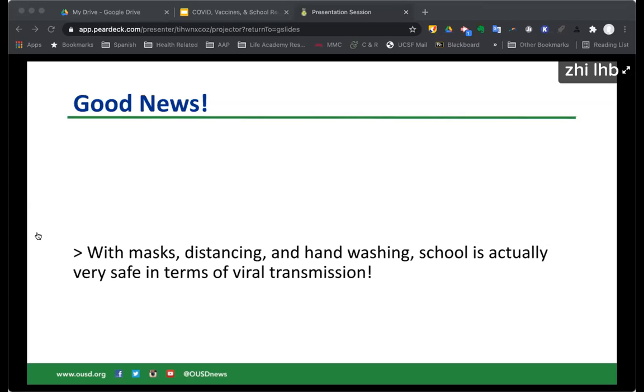In North Carolina, they studied more than 90,000 students. And what they found is that as long as masks were being worn, that was the most important thing, and there was distancing and hand washing, there were very few outbreaks. And there were actually more outbreaks in students who were doing distance learning than the ones who were doing in person school. So that's really good news for us.